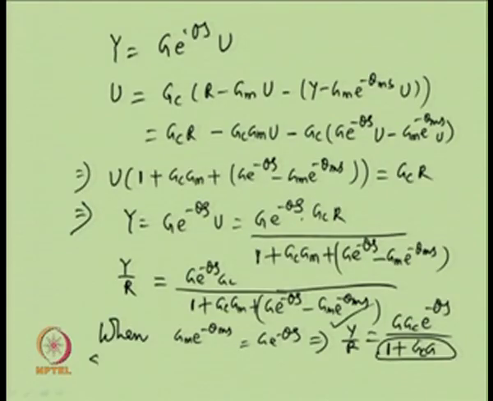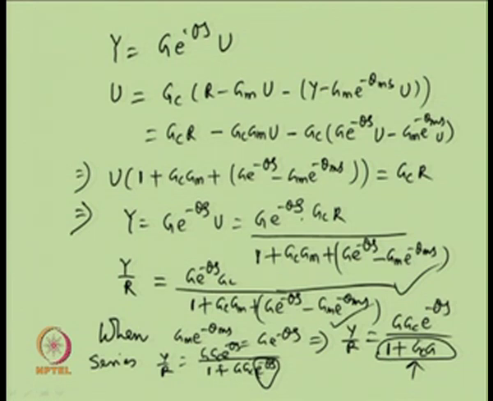For the series feedback case, we get a transfer function of the form y upon r equal to G G C e to the power minus theta s upon 1 plus G G C e to the power minus theta s. So, this time delay term is not present in the closed loop transfer function of the Smith predictor and controller. This is the added advantage that facilitates one to design the controller conveniently.